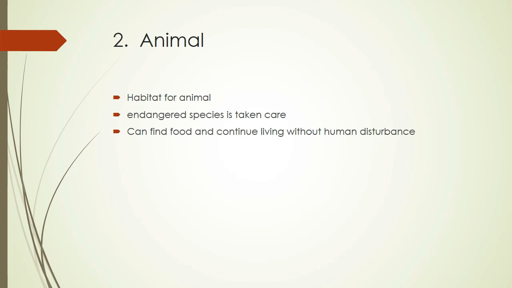Other than that, it's the best environment for animals to find food and continue living without human disturbance. This is because, as we know, there are differences for animals that have been taken care of by humans or not. Animals that used to live around humans have difficulties and there are changes in their behavior which affect their lives, such as monkeys or squirrels.